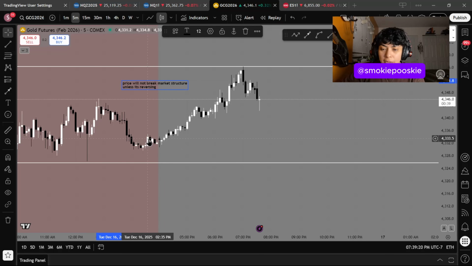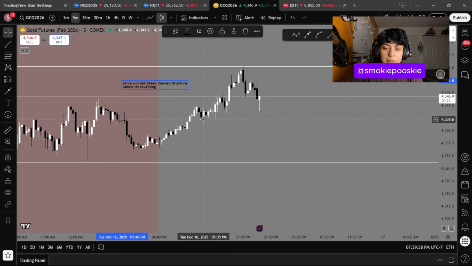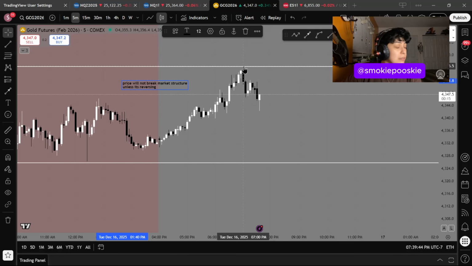Here we have a high and a higher low, because this low is higher than this low. And then we created another mini high and another mini low, because they're higher than these. It kept doing the same thing, another high and another higher low, and kept repeating all the way up to this 4-hour level.